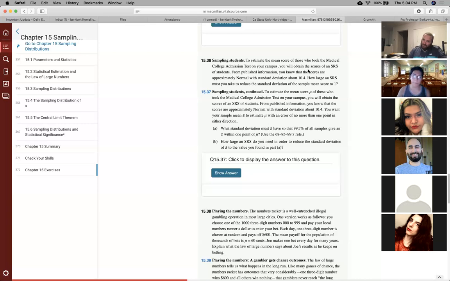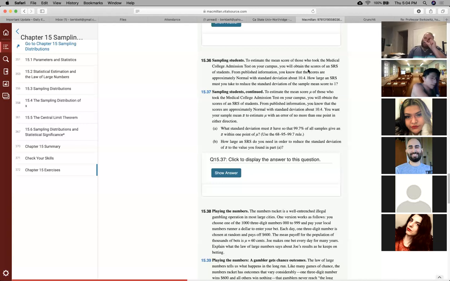Divided by the sample number. It's not divided by the sample number. It's the square root of the sample number. Okay, 10.4. So, it's not 1.04 because I don't know what n is yet. It's 10.4 divided by the square root of n. Currently, n is unknown. That's what I'm solving for. But it's 10.4 divided by the square root of n, correct?